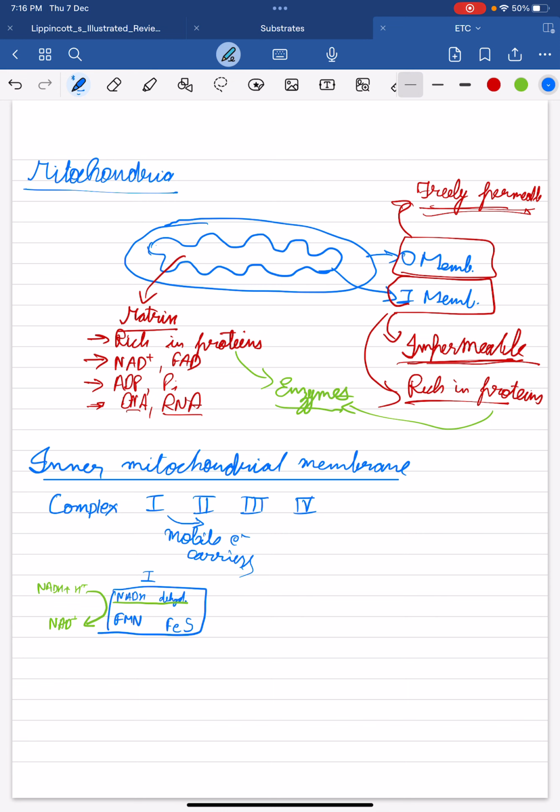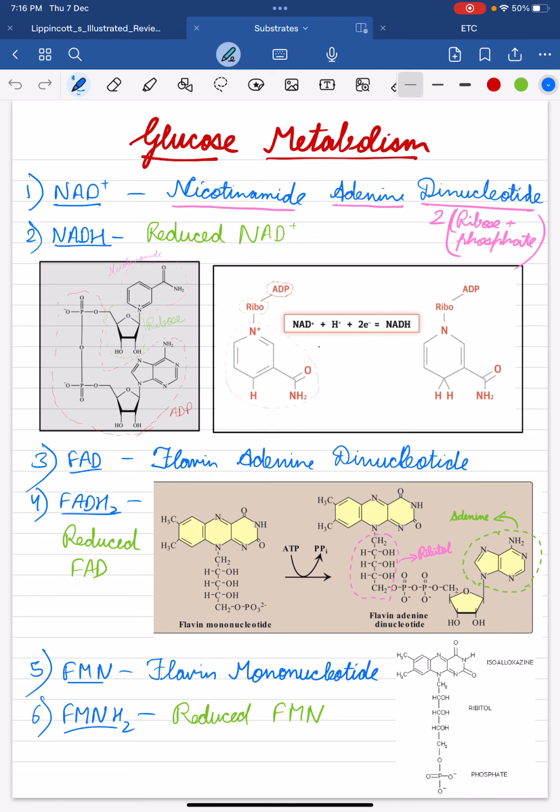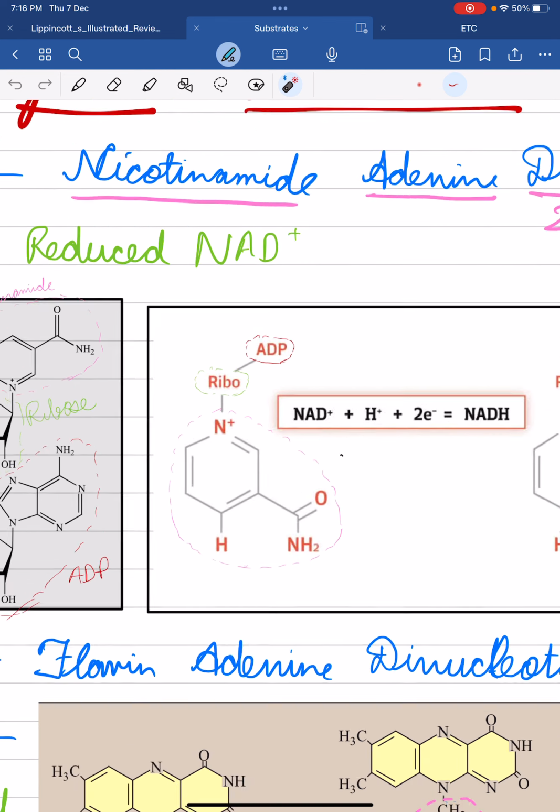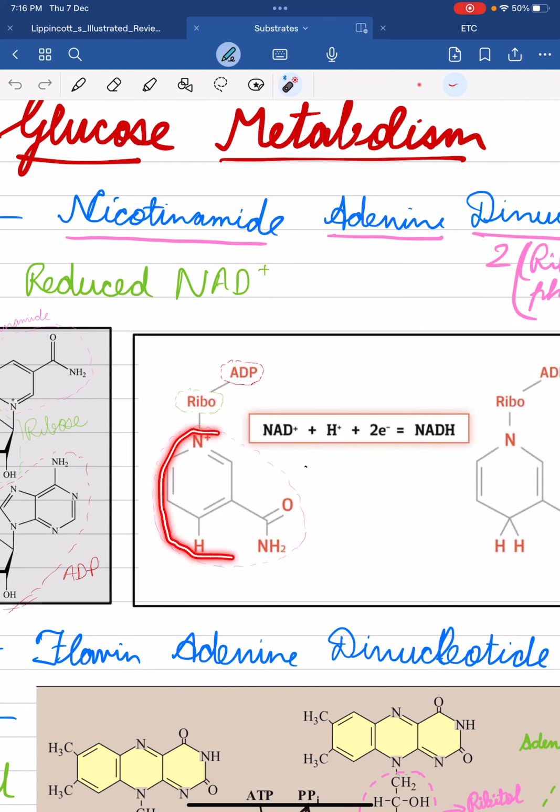Alright, so if we want to have a look at these structures, this thing is the NAD plus. It contains nicotinamide, adenine, diphosphate.